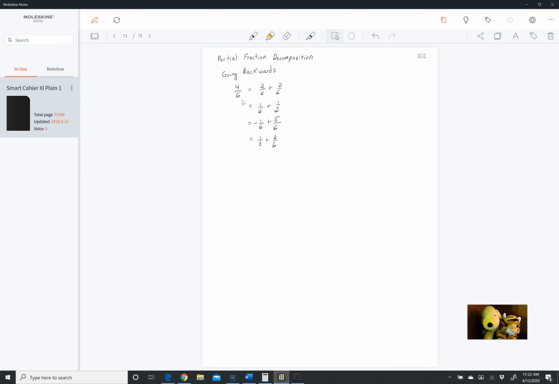Okay, so let's write down what we're doing essentially. So we're writing a rational expression as the sum of simpler rational expressions.